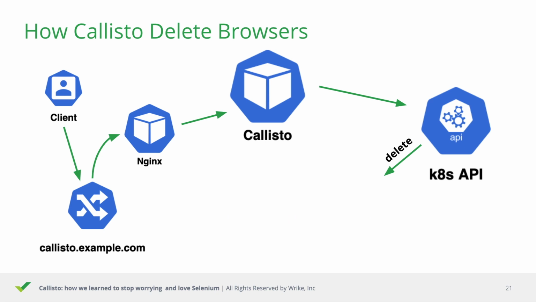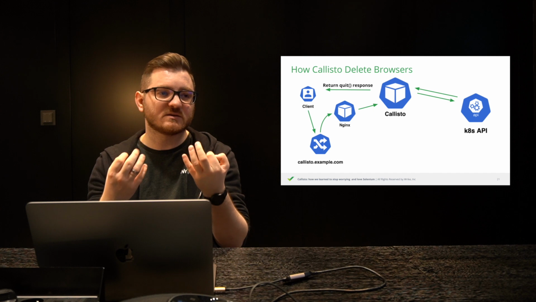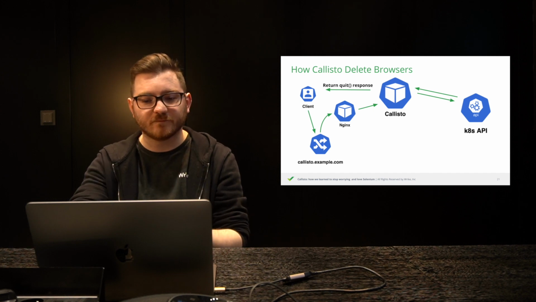And then after deletion of this workload, we just return to our client the browser quit response, and that's it. That's how all this stuff works. Those are all the request flows we have in this architecture, and this is a really simple solution.